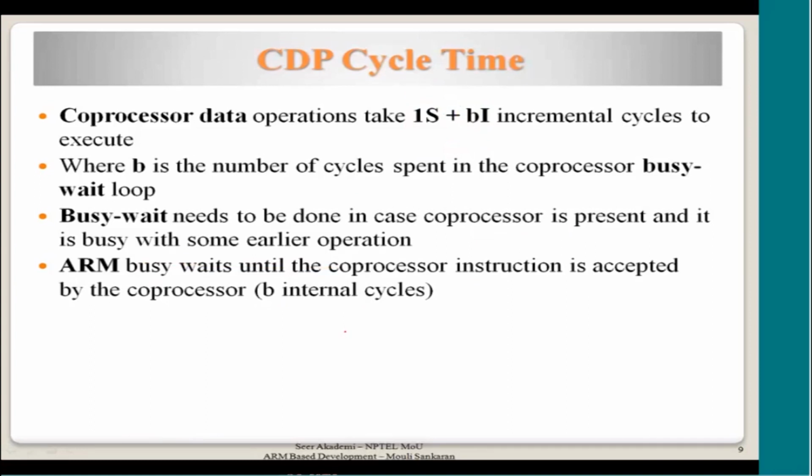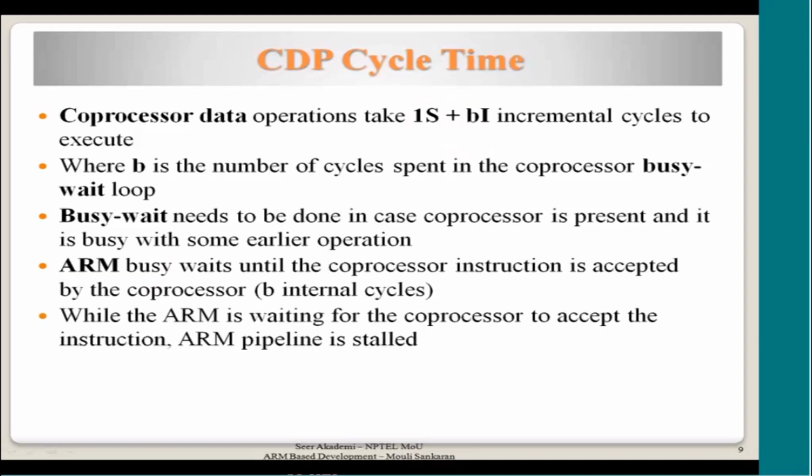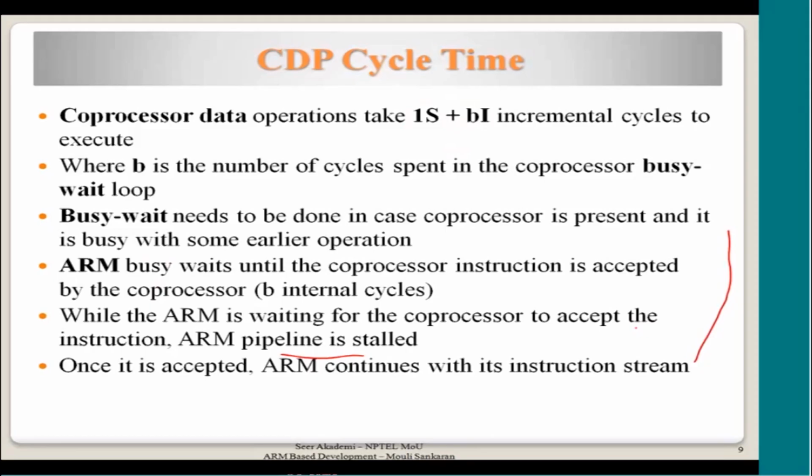Why does it have to wait so long? While the ARM is waiting for the coprocessor to accept the instruction, the ARM pipeline is stalled. Of course, once the execute stage is stalled, everything else behind it is also stalled. Once it is accepted, ARM continues with the execution.